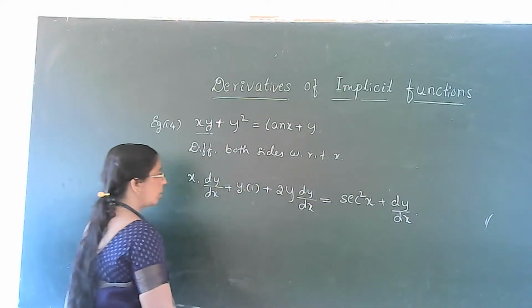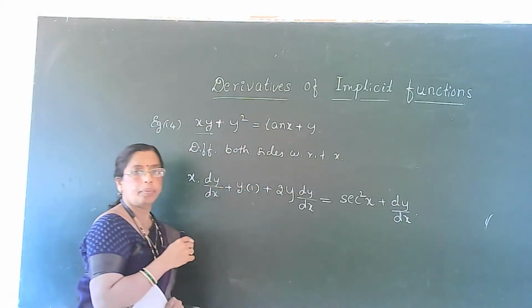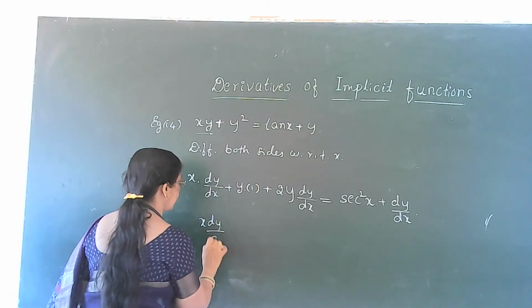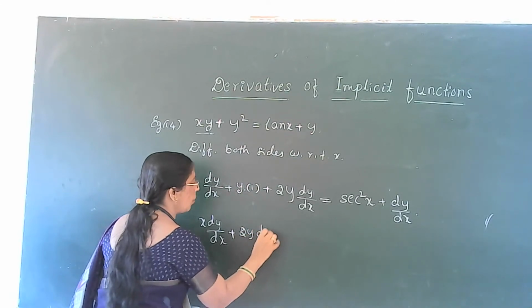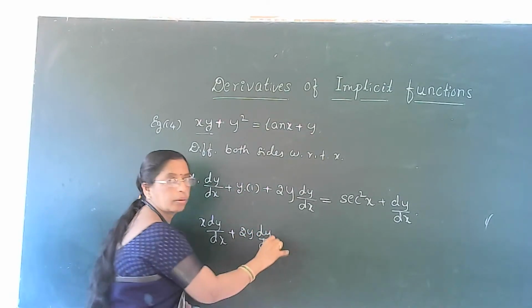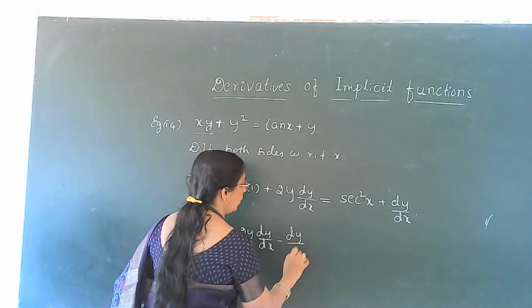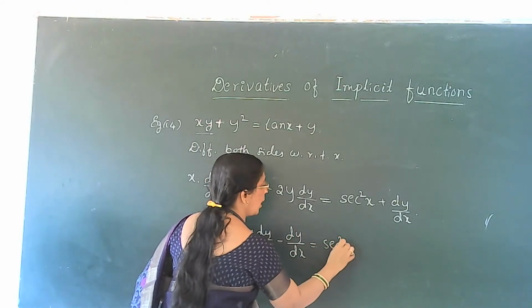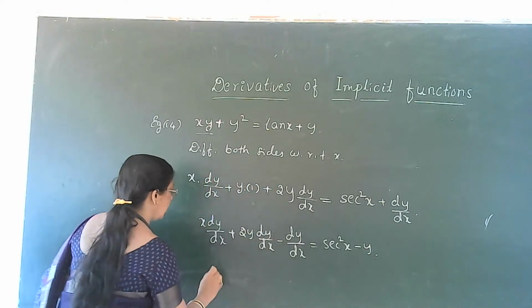plus dy by dx. We take dy by dx terms to the left hand side: x into dy by dx plus 2y into dy by dx minus dy by dx is equal to secant square x minus y.